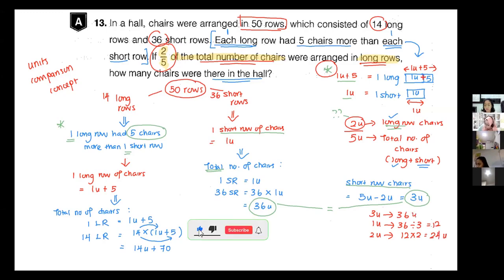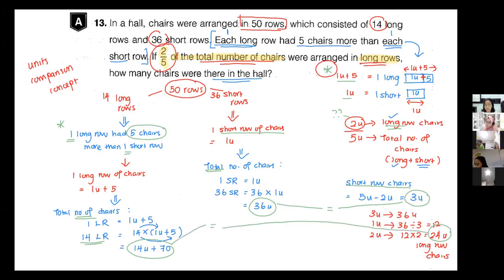So my long row chairs are now 24 units. Just now I have the long row total chairs, this one, so they are also the same. They're trying to say they are the same, also comparing.